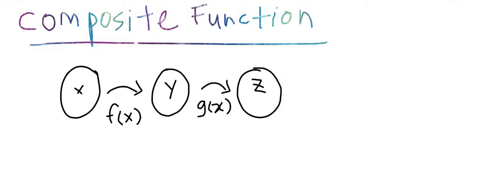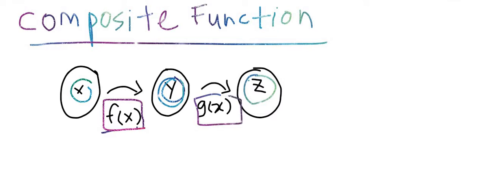So we are going to learn composite functions today, a continuation of functions from the first part that we learned in the previous lesson. Imagine you have a domain X that is mapped onto the codomain Y using a function f(x), followed by another set, domain Y, being mapped onto the codomain Z using a function known as g(x).